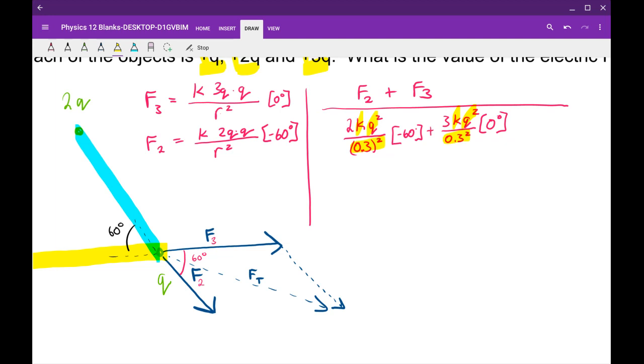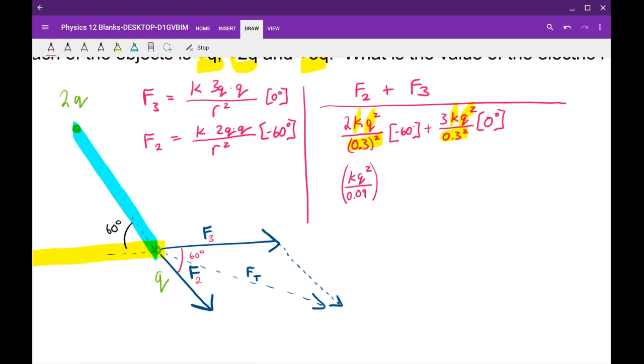So I'm going to pull that out and write kq squared over 0.09. And this is 2 at negative 60 plus 3 at 0. Look at that. I got a common factor, pulled it out, and I just left the 2 and the 3.